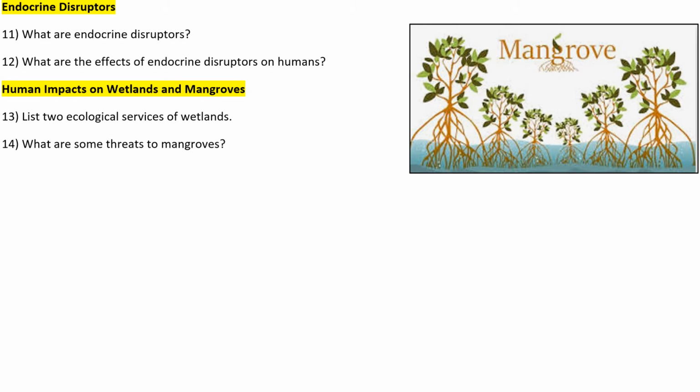What are endocrine disruptors? So, endocrine disruptors are chemicals that can interfere with the endocrine system of animals.